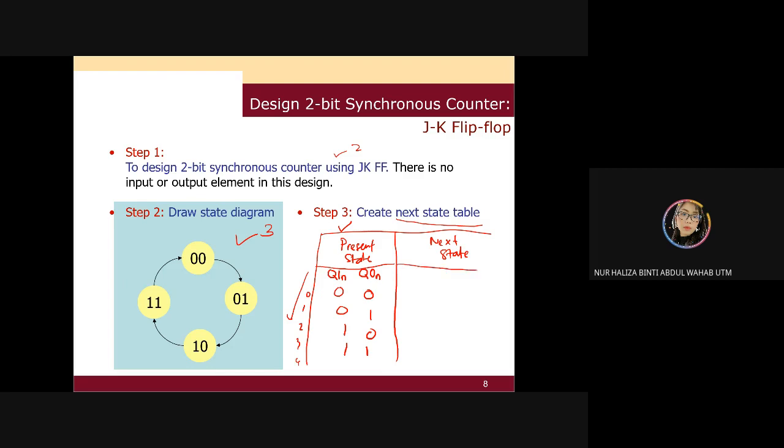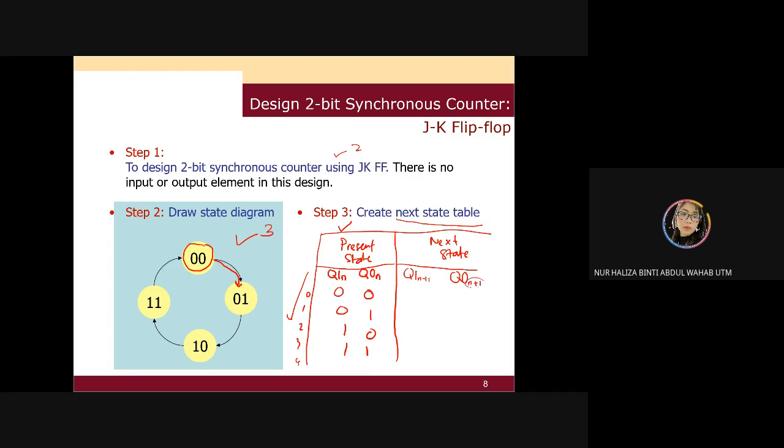Okay, next for your next state here, when you are at 0, 0, what is your next state, following the arrow? We have here the next state, Q1N plus 1, Q0N plus 1.